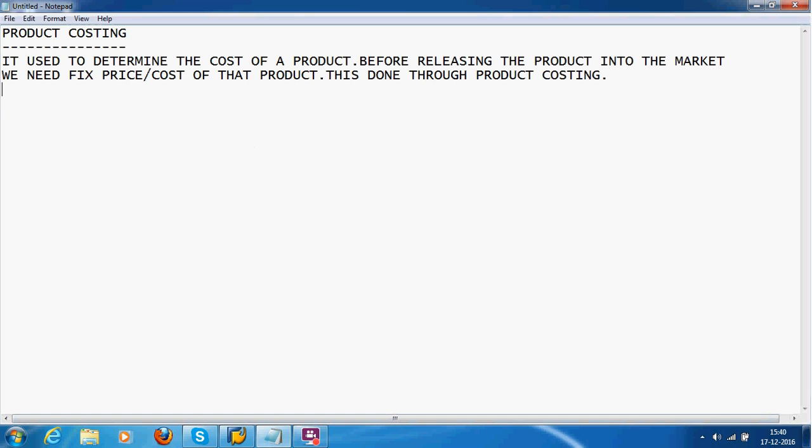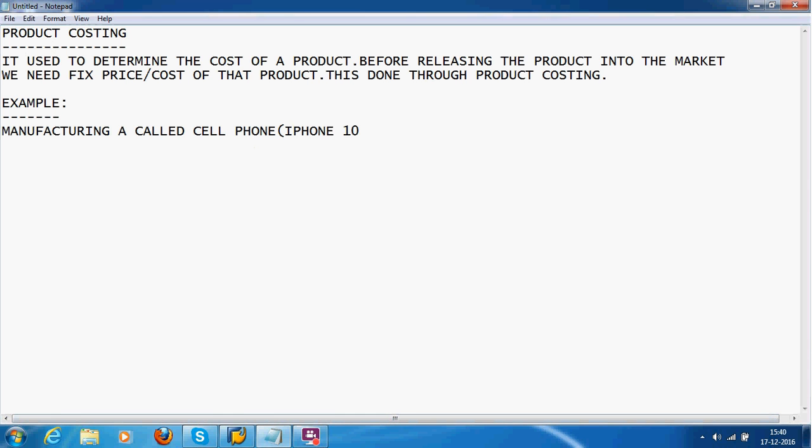I'll take one small example. For example, I'm manufacturing a product called a cell phone, say the iPhone 10.